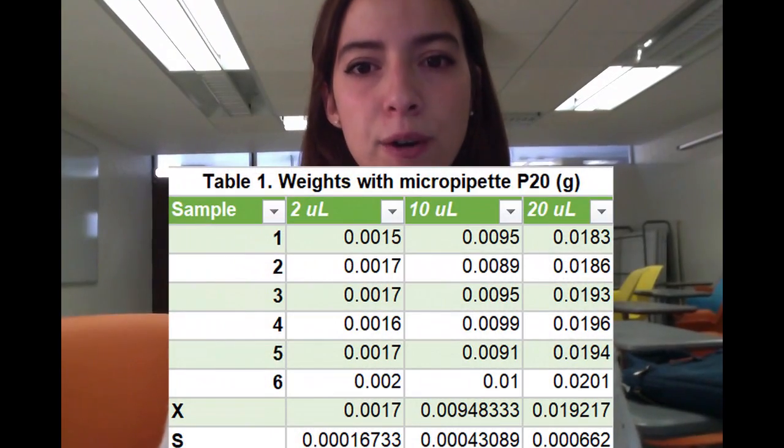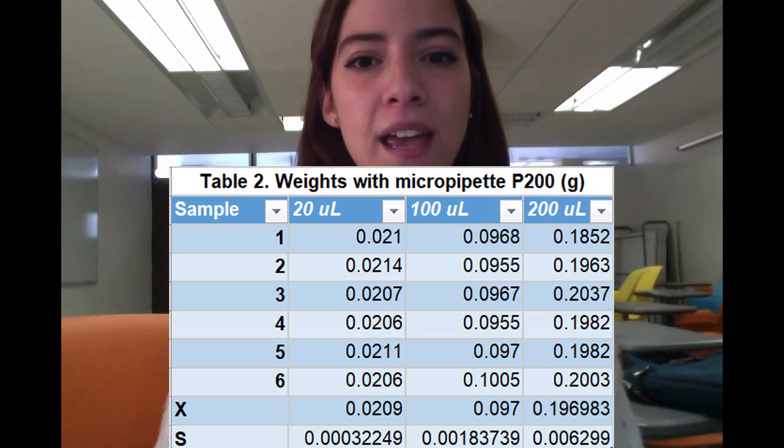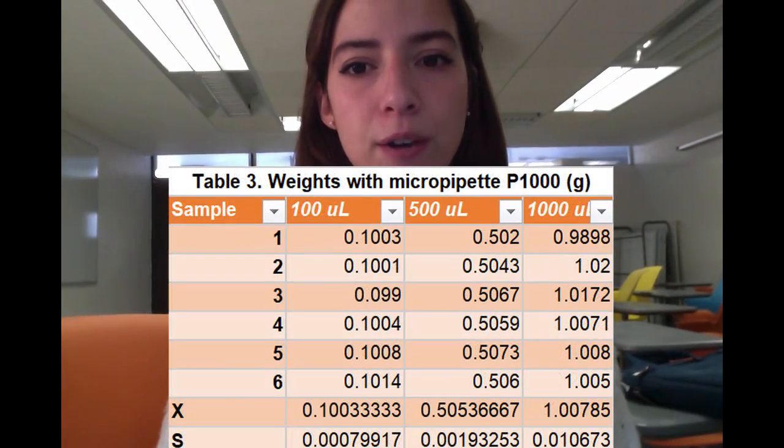Results were registered in 3 different tables, one for the P20 micropipettes, another for the P200 micropipettes, and the other one for the P1000 micropipettes, showing variations in the weights due to possible errors in the pipetting technique, calibration, and use of the analytical balance and the micropipettes.